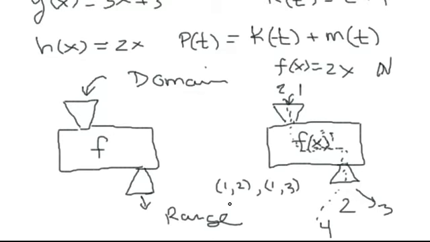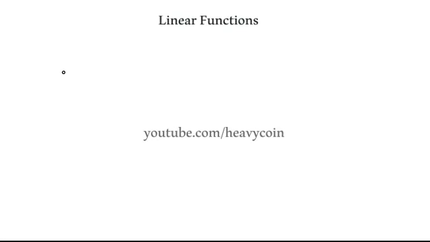Okay, well, that's the idea of the function machine, and you can expand on that if you would like. But we're going to move on now and touch on graphing some functions. So I'm going to start with something like this: f of x is equal to 2x, and we want to graph this on the Cartesian plane.